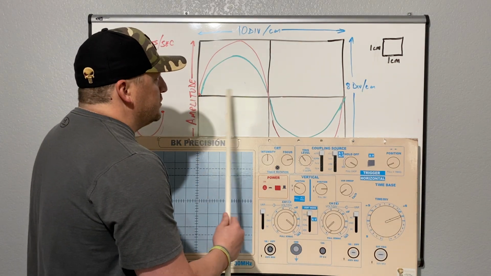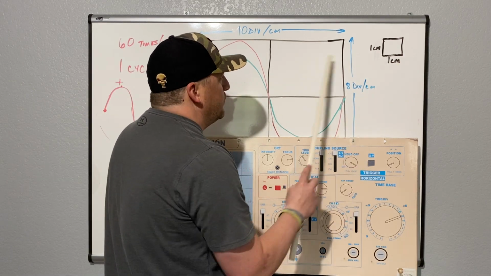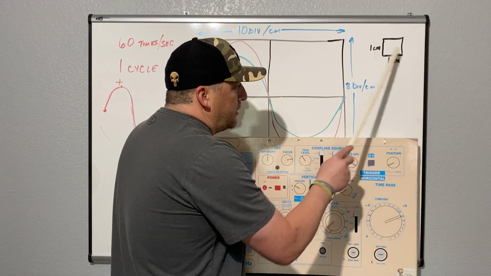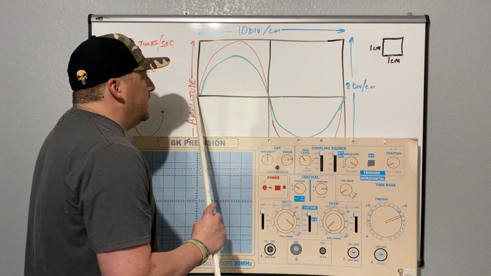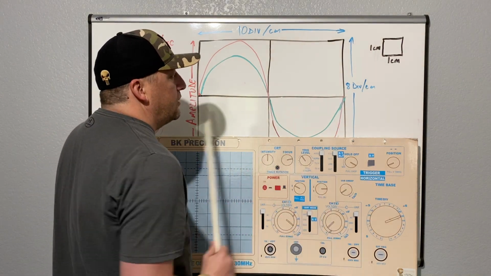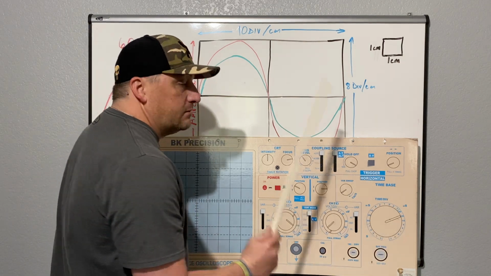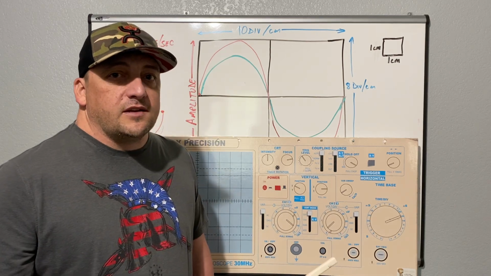So if it's set to 20 microseconds per division, that means each one of these 1 centimeter by 1 centimeter blocks has a value of 20 microseconds. So if I look at the entire time across the whole screen here, remember there's 10 sections, so that's going to be 200 microseconds.